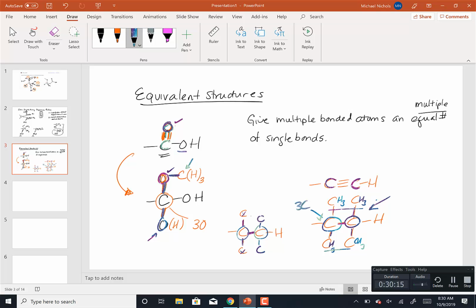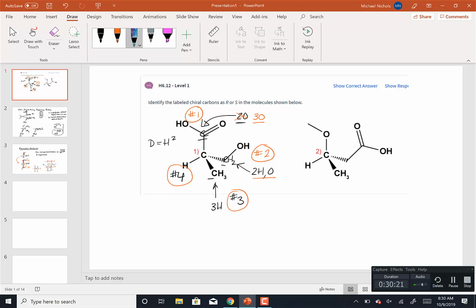What are equivalent structures supposed to tell you? All they are used for is this. I've got this carbon with 2 H's and a C, and I've got this carbon up here with 2 O's. I can't compare 2 and 3, so now I do the equivalent structure.